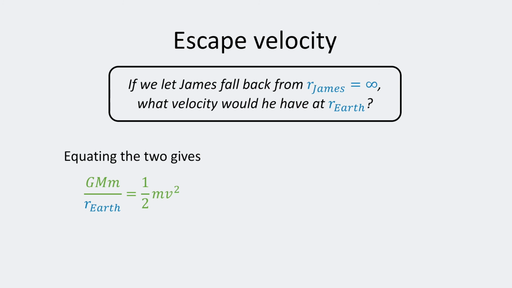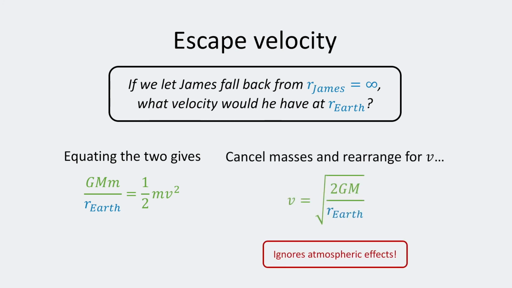And the mass of James that appears on both sides cancels. If we rearrange for v, we have that the velocity is equal to the square root of 2GM over r Earth, where capital M is the mass of the Earth, G is the gravitational constant, and r Earth is the radius of the Earth. This of course ignores atmospheric effects such as air resistance.